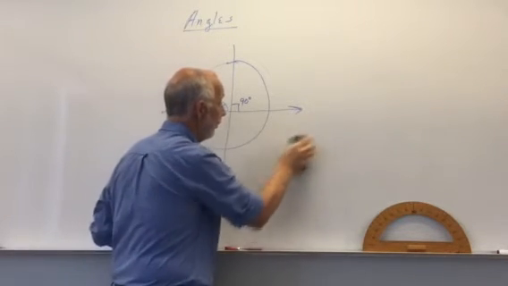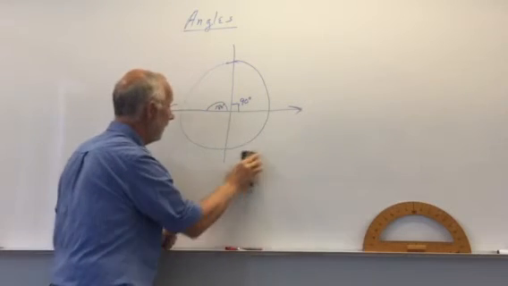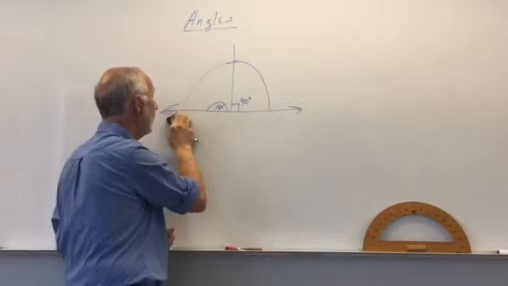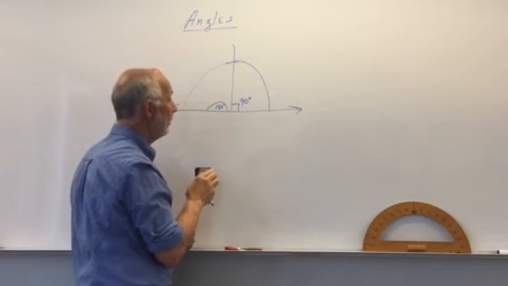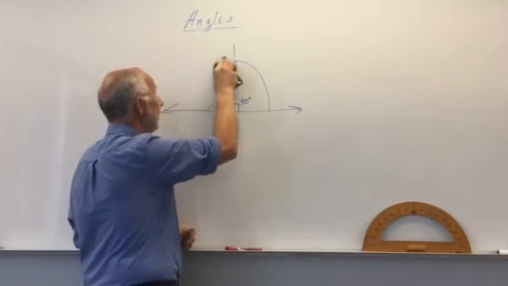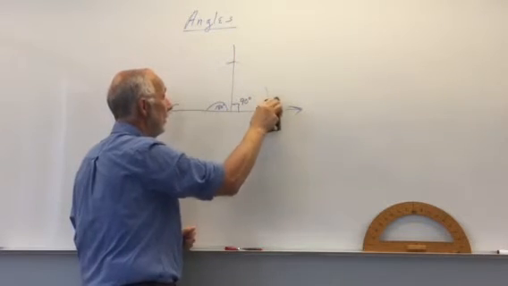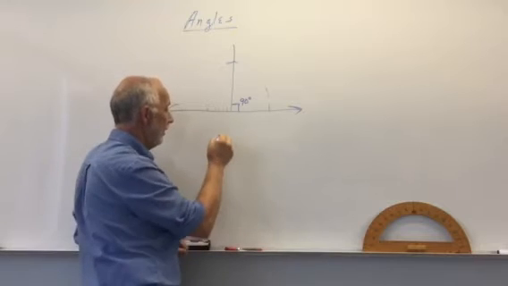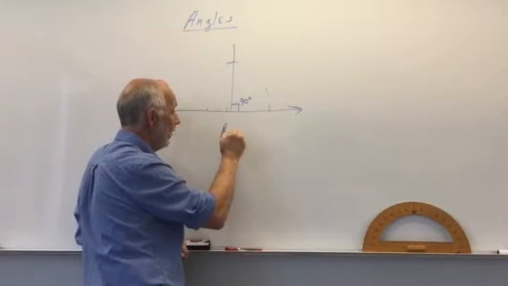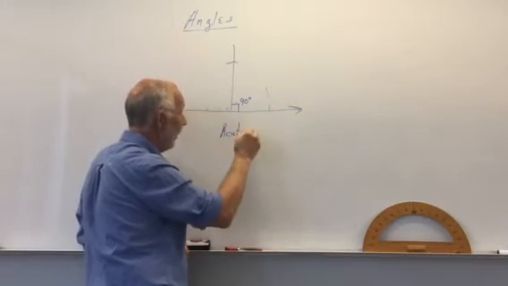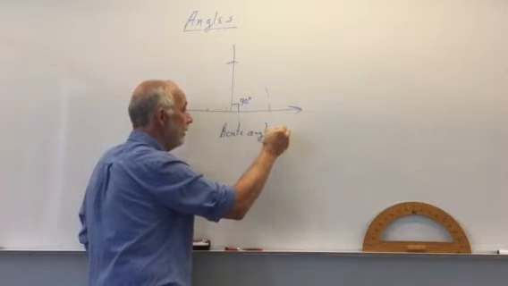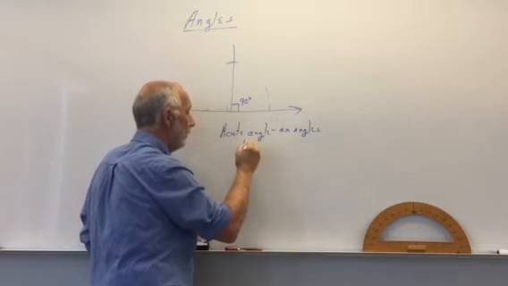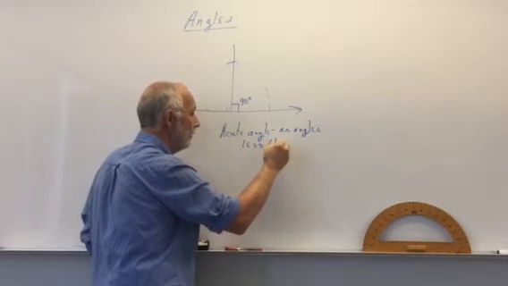So, what we're going to use to classify an angle is the fact that it can open up more than or less than half of a circle. So when we talk about classifying an angle, we have three kinds. The first kind we have is an acute angle. And an acute angle is an angle less than 90 degrees.